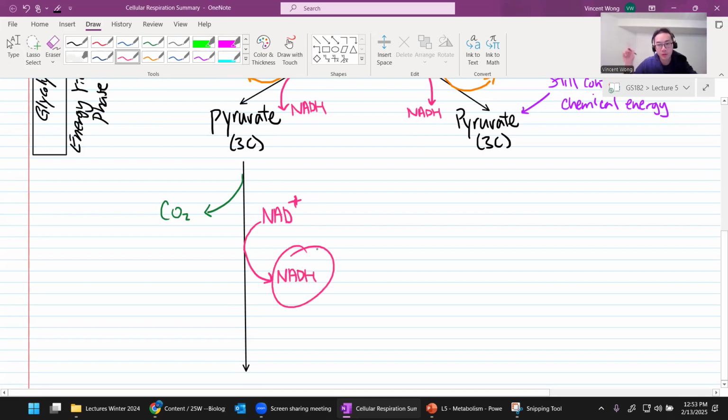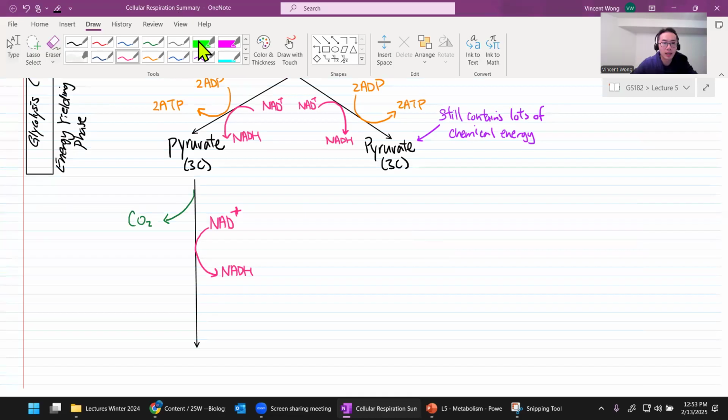Remember, this guy's going to go to ETC, right? To deposit the electron. And by now, it's kind of running low on energy. So we need a helper molecule to come along to recharge it. That is called coenzyme A.